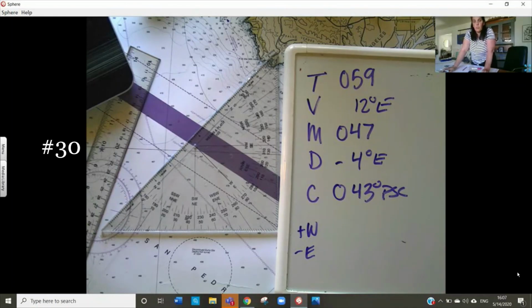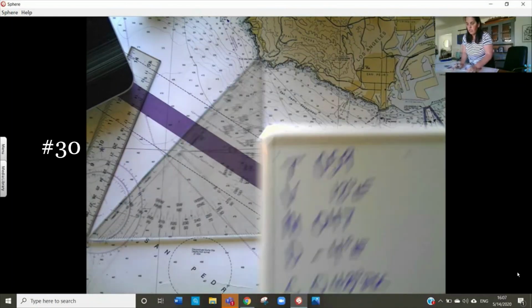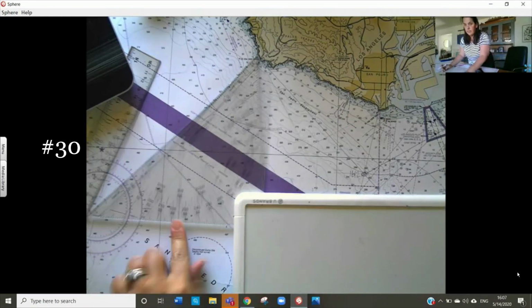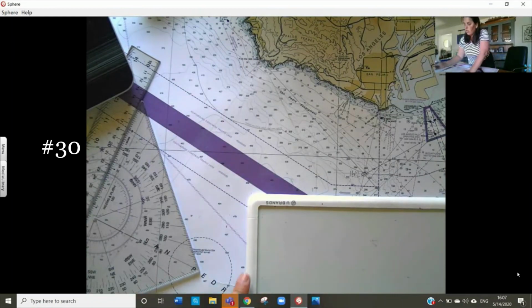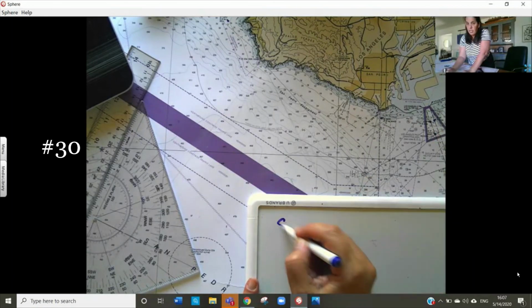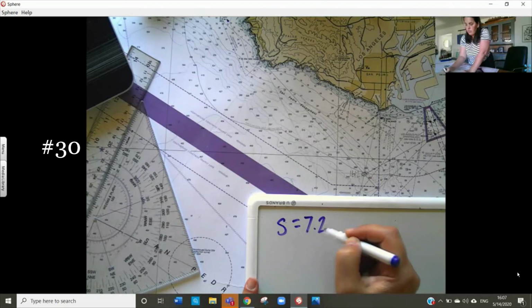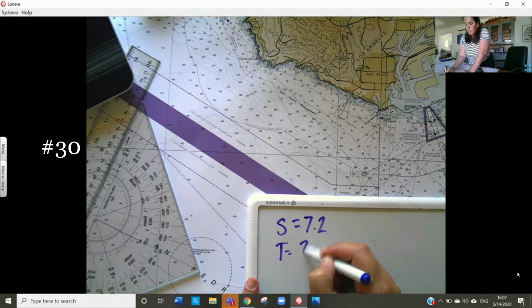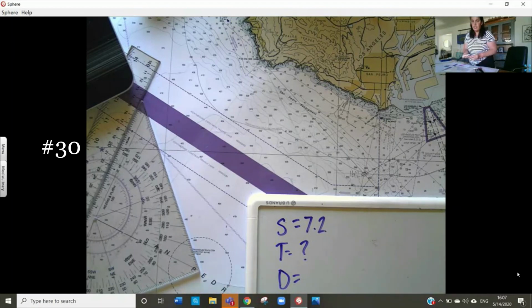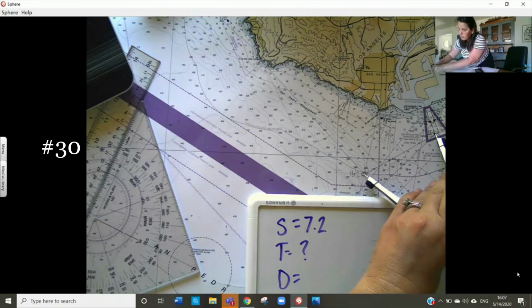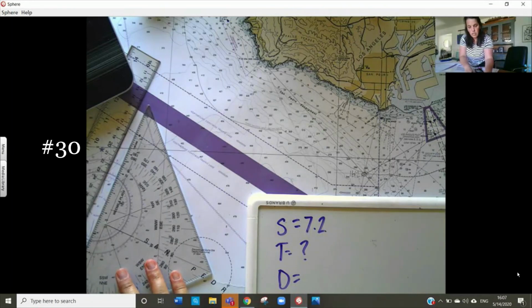And then it also asked me what my ETA was. So, in order to get ETA, we need the distance. We know our speed is 7.2. We're looking for our ETA, so we're looking for time. We need our distance. So let's get our distance here. I got 3.9 as my distance.